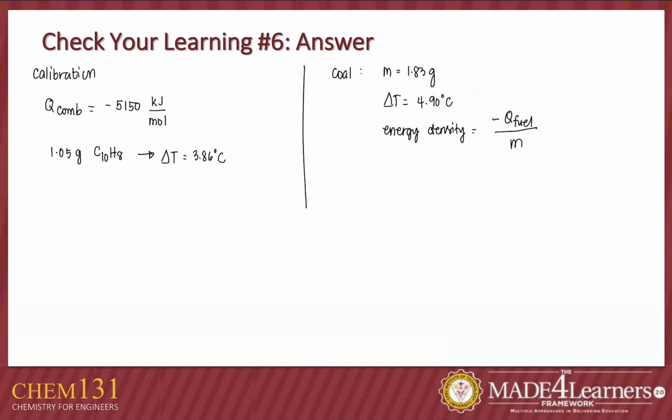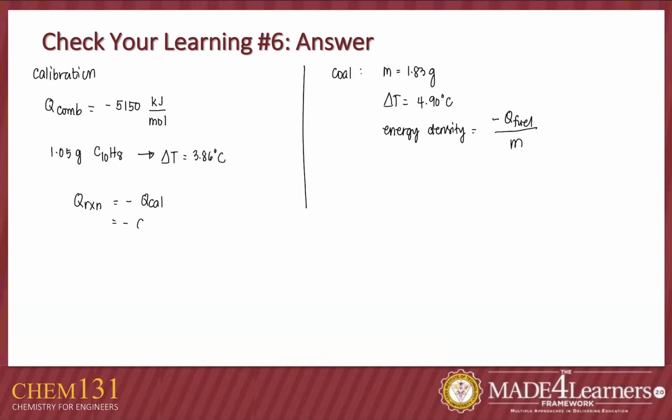Okay? So, Q cal is equal to C delta T. Or, let's just write it this way. Q reaction equals negative Q calorimeter.